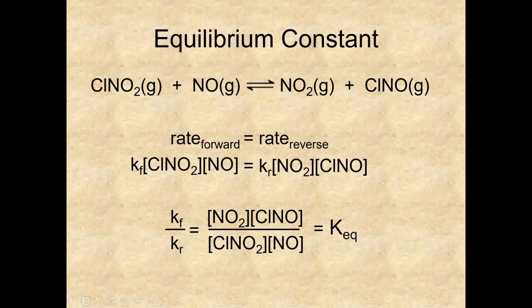So anytime we are doing a K formula, and we're going to do this a couple times, you're always going to be using the concentrations of the products on top multiplied together, divided by the concentrations of the reactants on the bottom multiplied together. And that's where you're going to get those K values from. And K does not have a unit because everything's going to end up canceling out.